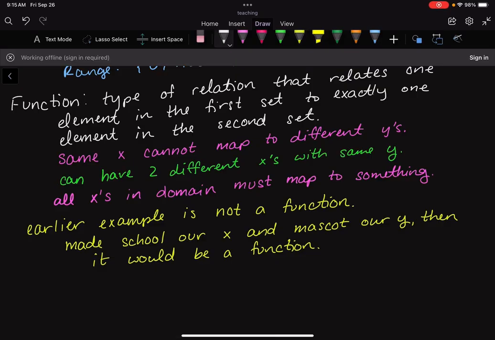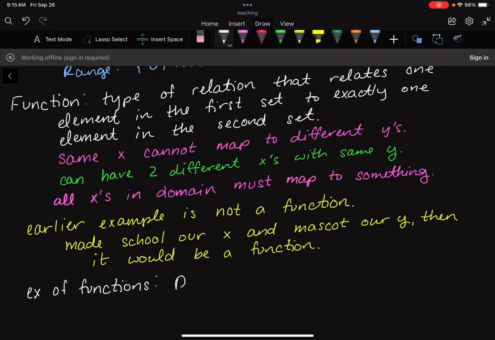And just to be clear, there are real life examples of functions. So, in general, you can think of something that you don't want the same thing going to two different y's. An example of a function in real life, let's think.